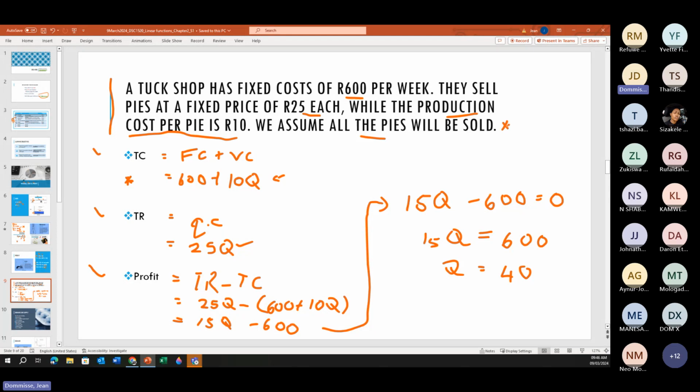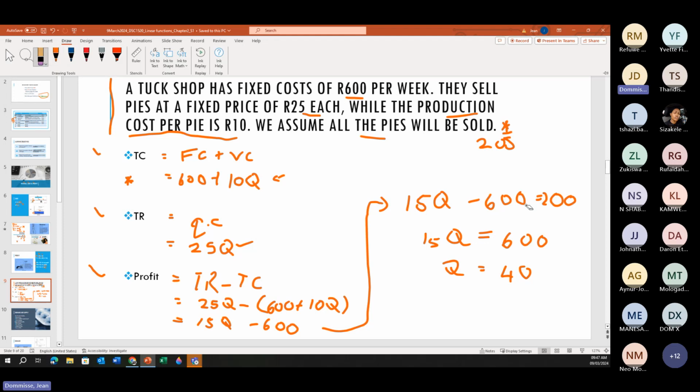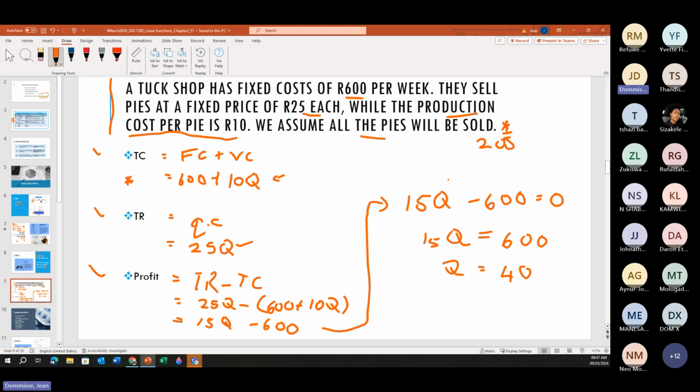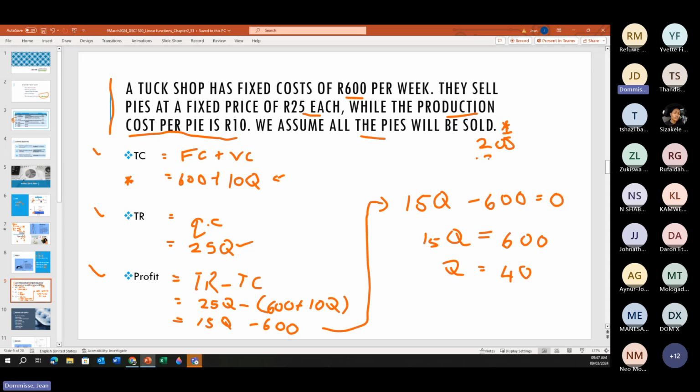The difference now here can be that they can say you have made a profit of 200. Then that function 15Q minus 600 will be equal to 200. Okay, so if I tell you you've made a profit, the other thing that they can do is to say you have made a loss of 200.